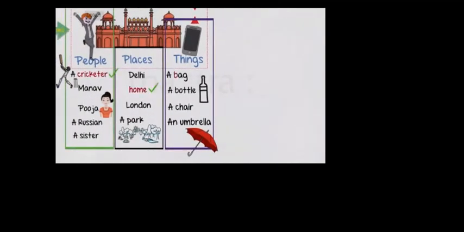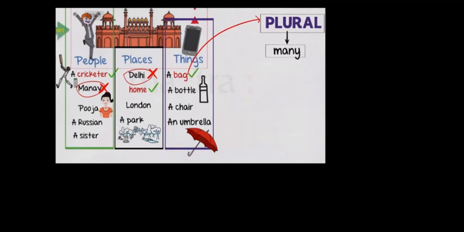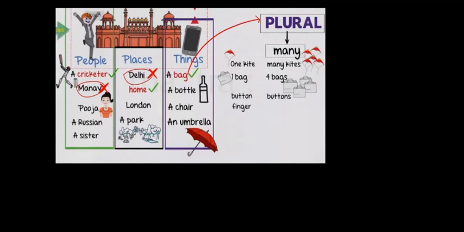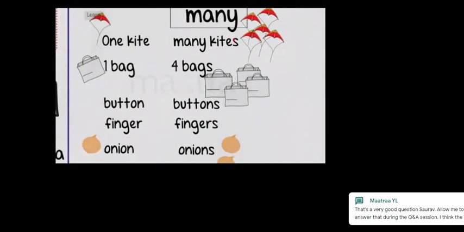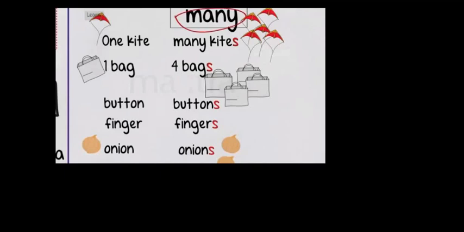As long as the naming word is not a name of a person or place, it can become plural, which means many. So, one kite, many kites. One bag, 4 bags. Button becomes buttons. Finger, fingers. Onion becomes onions. All these words take the letter S at the end and become many things.